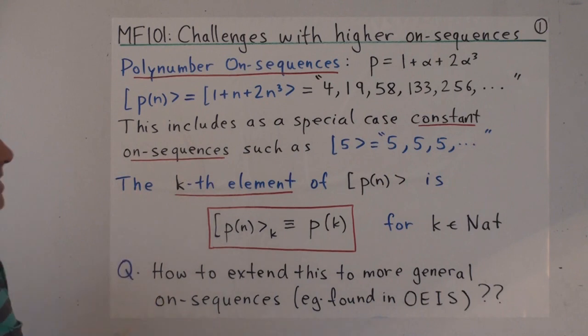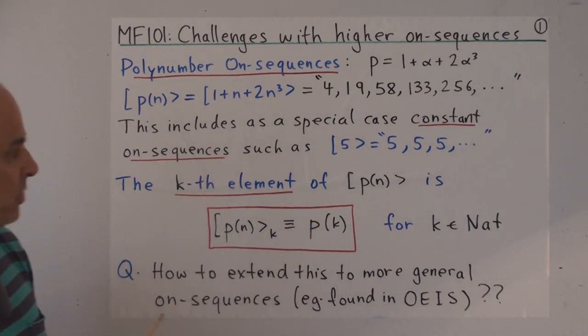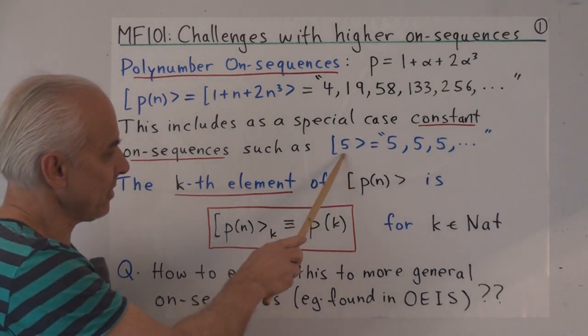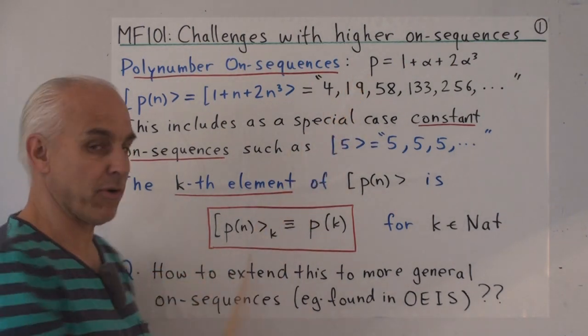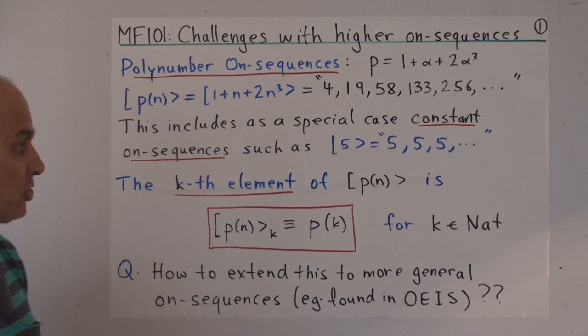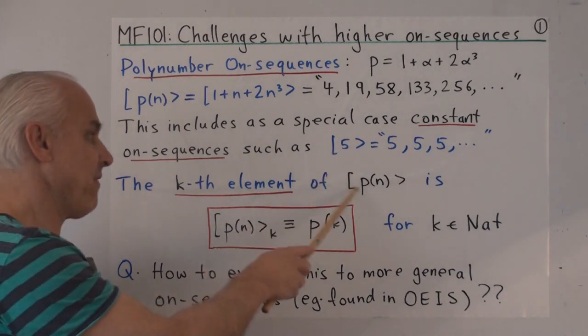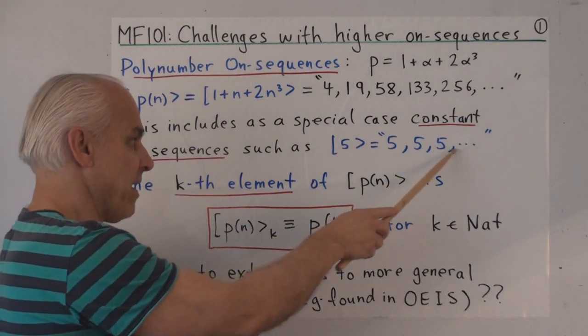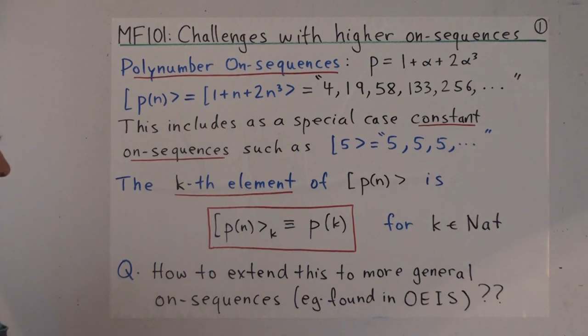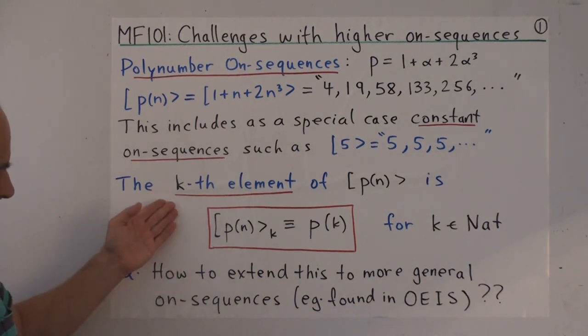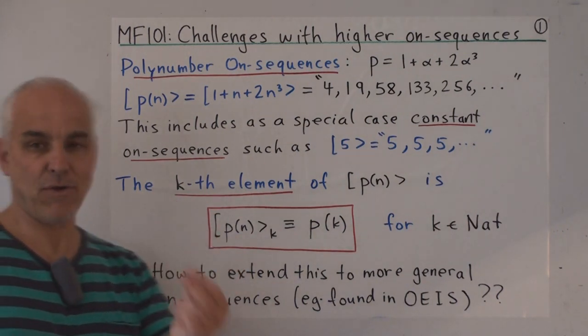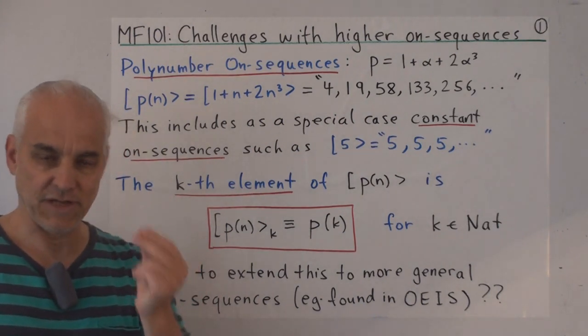In particular, this included the special case of constant on sequences, which we can think of as the special case when our polynumber reduces to an ordinary integer. For example, 5 is the sequence 5, 5, 5, and so on. And we had an explicit convention for picking out the kth element of such a sequence.